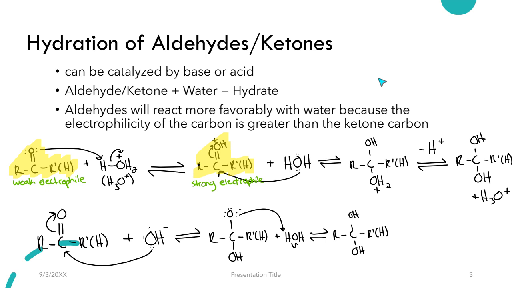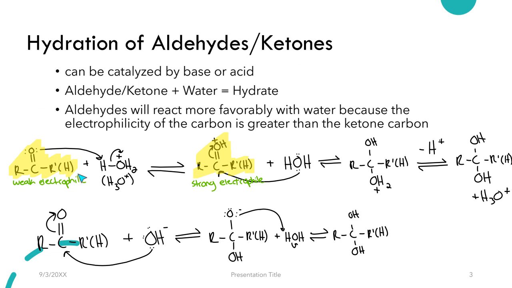When you have more alkyl groups around that carbon, it allows the partial positive charge to spread out more, and therefore decreases that partial positive charge. But with aldehydes, you have one hydrogen, so that positive charge doesn't really have anywhere to go. So aldehydes will react more favorably.